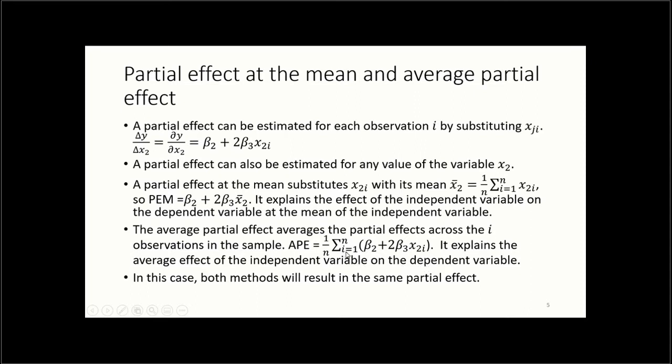Now notice that because this is a constant and this is a constant, the averages would transfer and come in right here. If it comes in right here, we would have exactly this expression. So in this case, both methods would result in the same partial effect. The partial effect at the mean and the average partial effect would be the same in this example. There are other examples where that may not be the case.